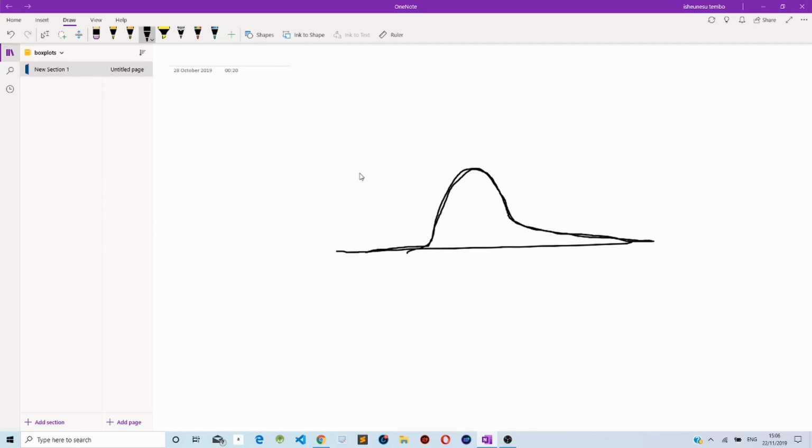In a positive skew, the tail is at the right.